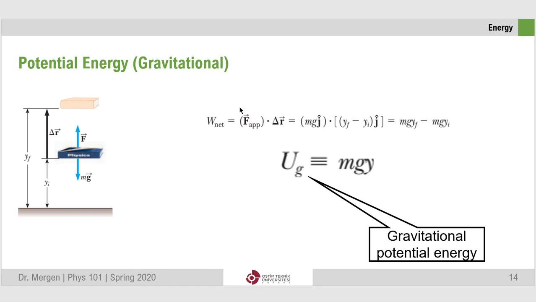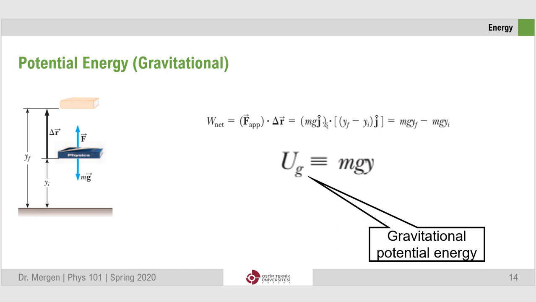So let's try to calculate the net work again done against the gravitational force. Here is our classic work equation: applied force dot delta r.